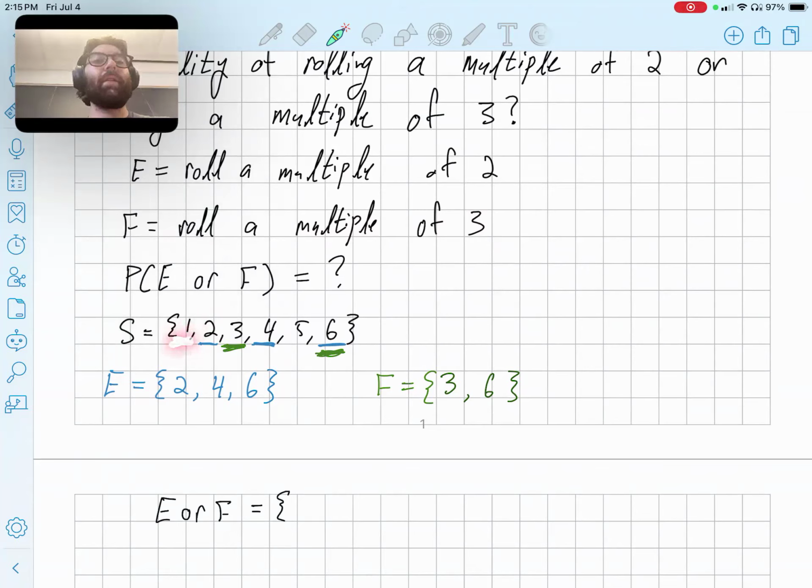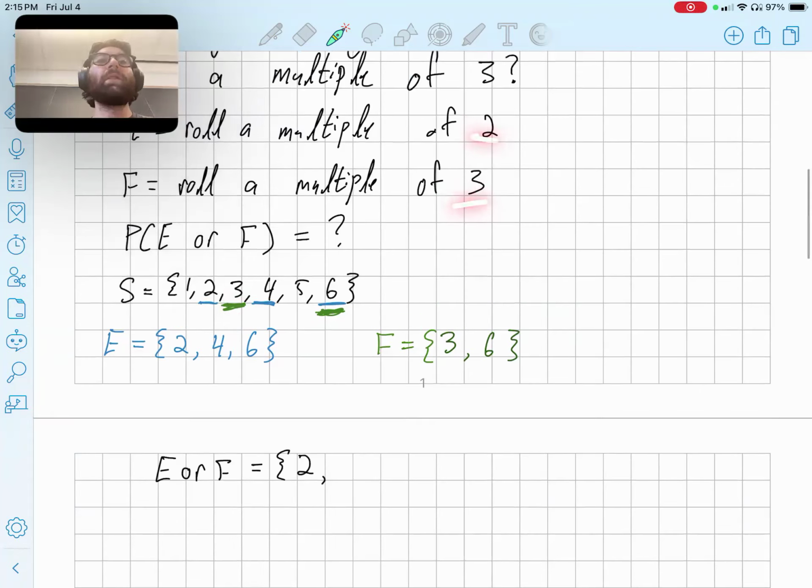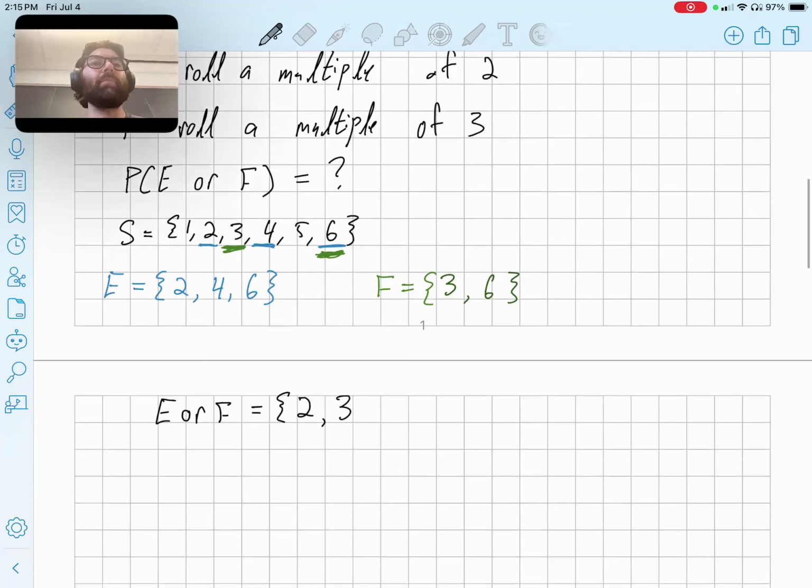So it's neither, and it doesn't go in our subset. 2 is a multiple of 2, so we include it. 3 is not a multiple of 2, but it is a multiple of 3. We don't need both of these to be true. We just need at least one of them. And so 3 goes in our subset.